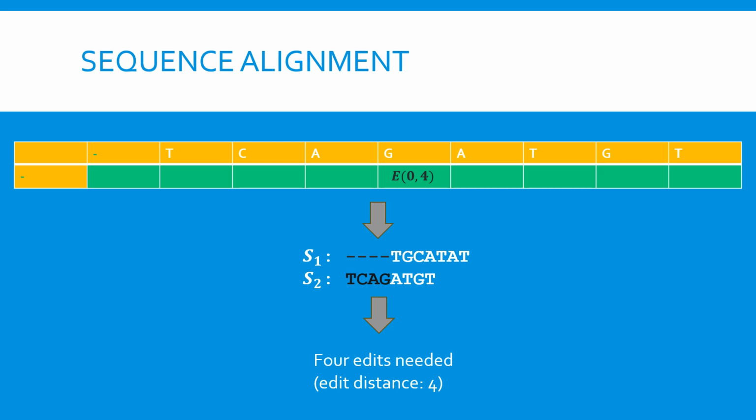For example, E(0,4) represents the alignment where the first four letters of S2 are matched with gaps in S1. In this scenario, 4 edits are needed, meaning that E(0,4) equals 4. More generally, for all i, we have E(0,i) equals i, meaning that the number of edits to match the i long prefix in S2 with gaps in S1 is i.